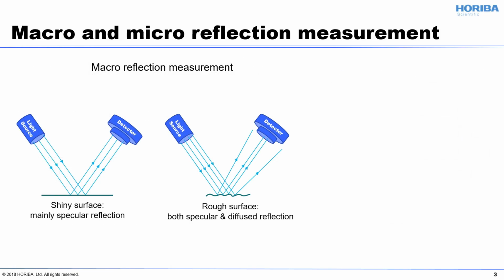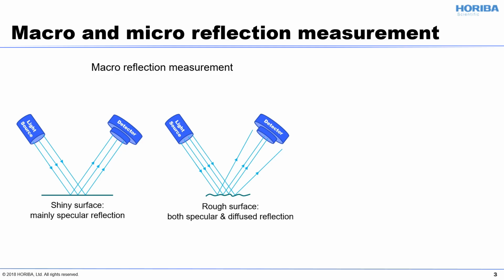So here shows the micro-reflectance measurement. On the left is a shining surface, so the reflectance mainly comes from the specular reflection. Here on the rough surface, it is different because both specular and diffuse reflection are present, so we need to consider both parts.